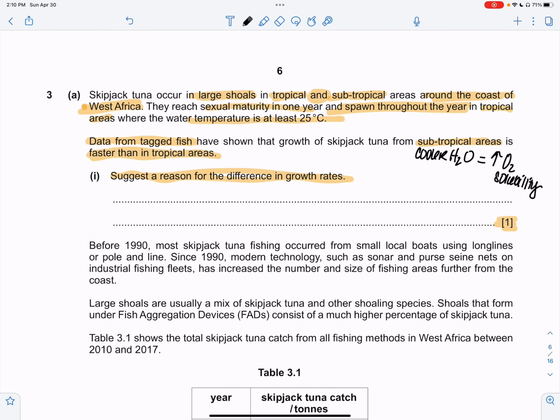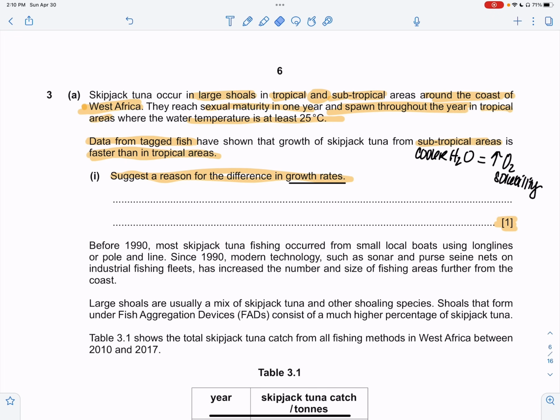Now, when we're answering this question, we need to talk about this answer in terms of growth rates. So we can't just say there's going to be more oxygen dissolved. We need to say there's more oxygen dissolved, so they're going to be able to do respiration and have energy for growth.